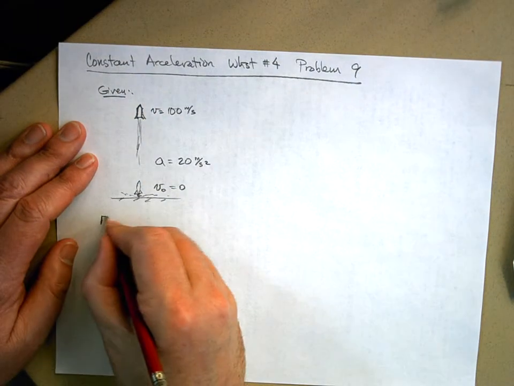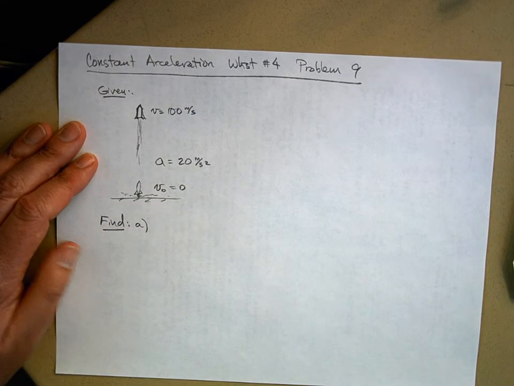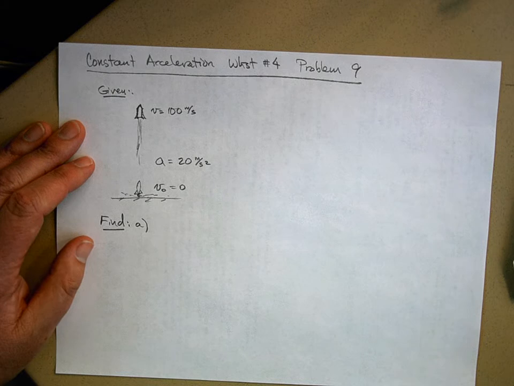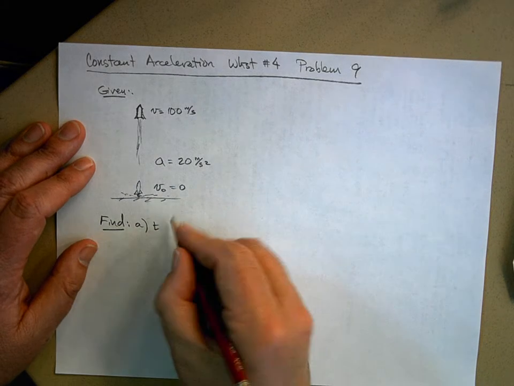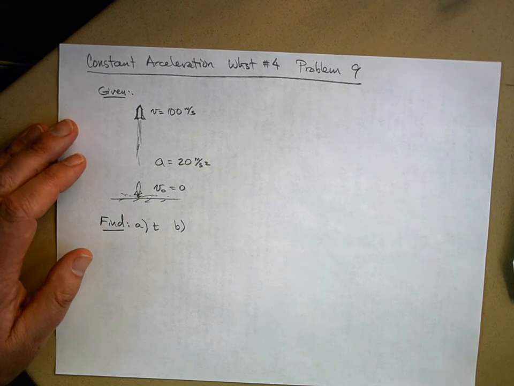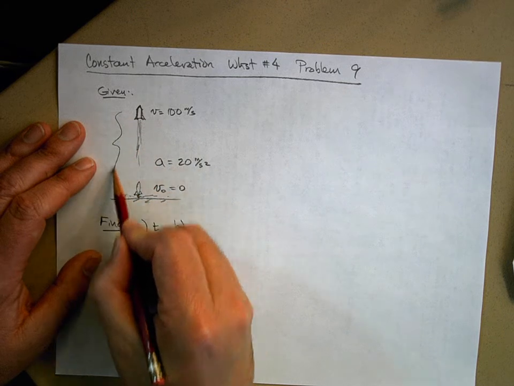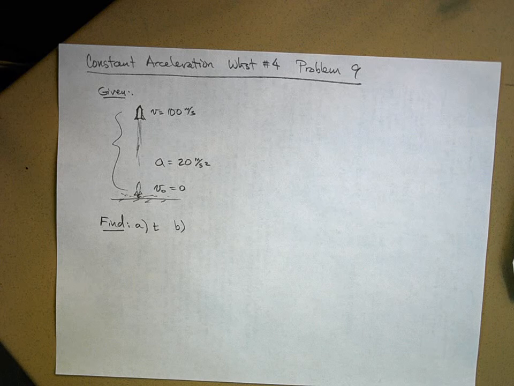And so, what are we trying to find? A, how much time will it take to get here? B, how far will it go during this acceleration? Usually when it's vertical like this, instead of calling it delta x, you can call it delta y.